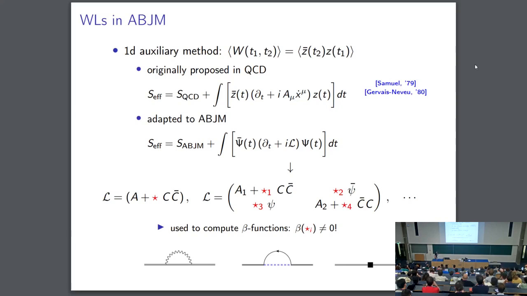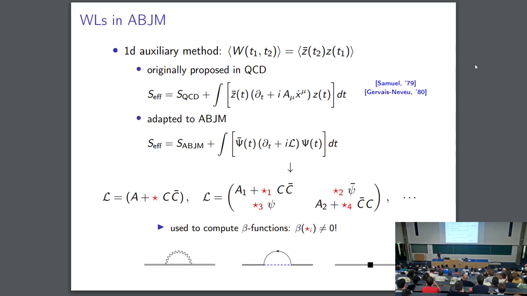This was originally proposed in QCD back in the 80s. And what we did was to adapt it to ABJM. So instead of having an effective action that is the QCD one and the one-dimensional one that we add, we have an effective action that is the ABJM one and an analogous thing of a one-dimensional theory, but with superfields instead of usual scalar fields.